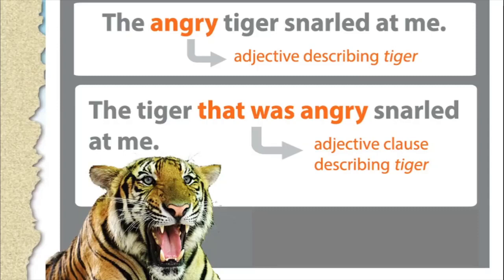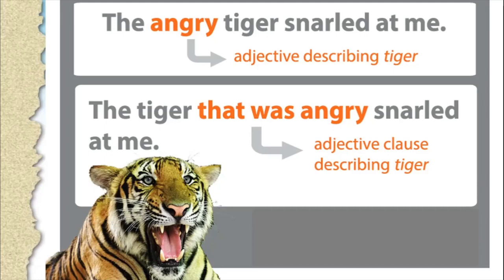No, the angry tiger. So angry is the adjective which is describing the tiger here, isn't it? See how we have changed it and made the adjective into an adjective clause. So we have written, the tiger that was angry snarled at me. So see, angry became that was angry. One word became a group of words and so it became a clause.